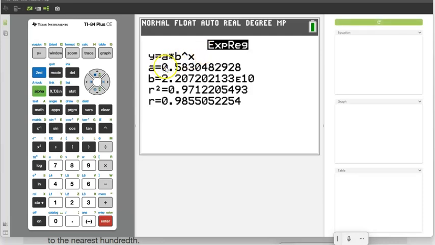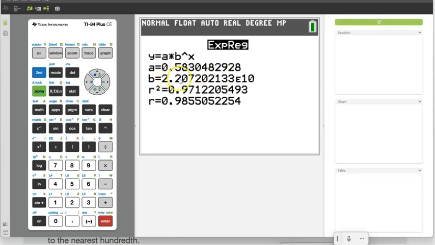So you can see we're going to put this in for A, we're going to put this in for B, and then down here again we can see this is a strong correlation because our R value is close to a positive 1. So this is going to be a good fit, a strong positive correlation. Now, this E right here, that's your calculator's scientific notation for times 10.